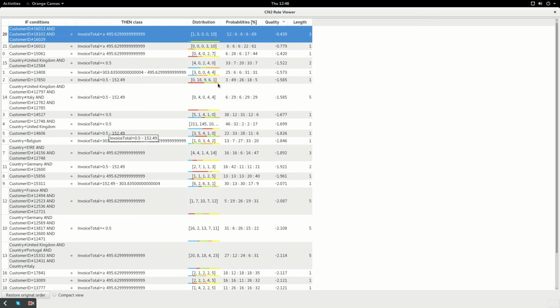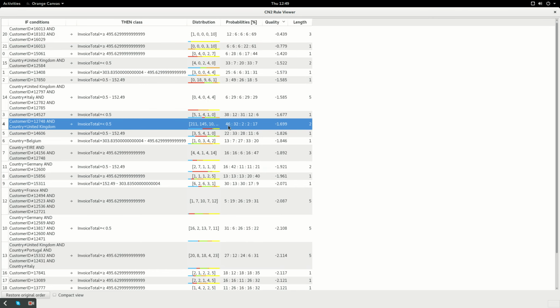Another example, I'm looking for the ones which have a very high probability in one particular category. So here we have a 46% chance that if the customer is 12748 and they're in the United Kingdom, then the invoice total is going to be less than 0.5.